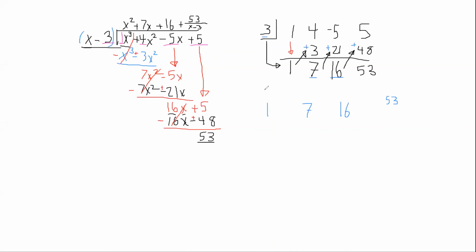And I will write our x squared, this is positive, so it's plus 7x plus 16 plus 53, and this is our remainder over x minus 3.